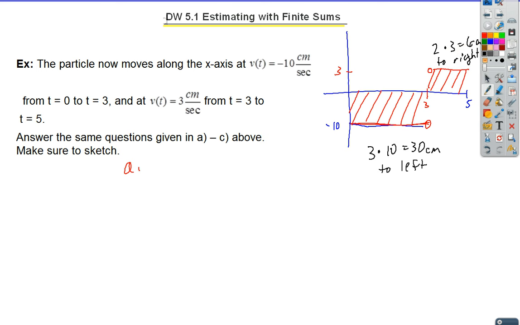So it went 30 centimeters to the left, then 6 centimeters back to the right. Its total change in position was 24 centimeters to the left.